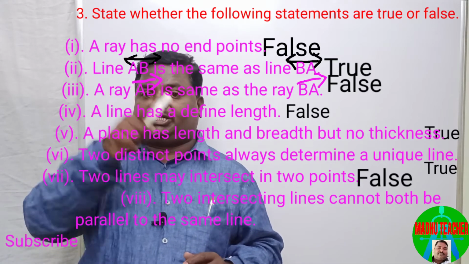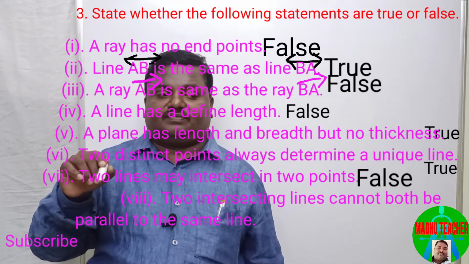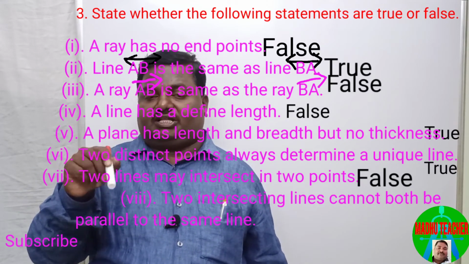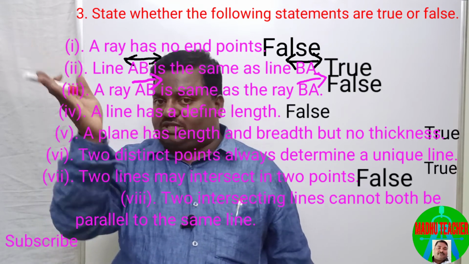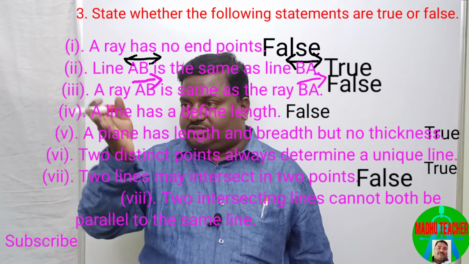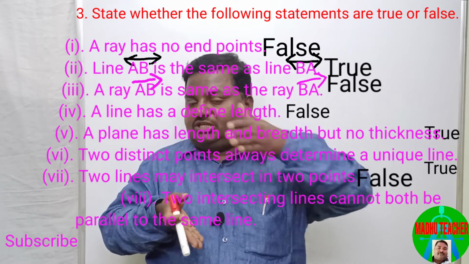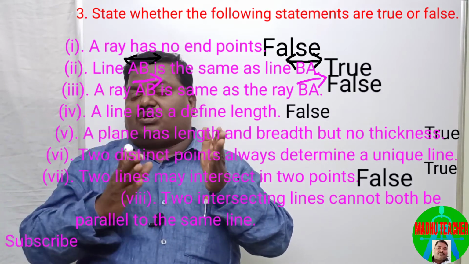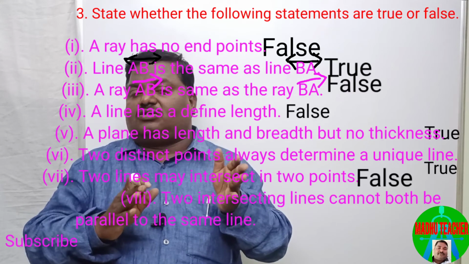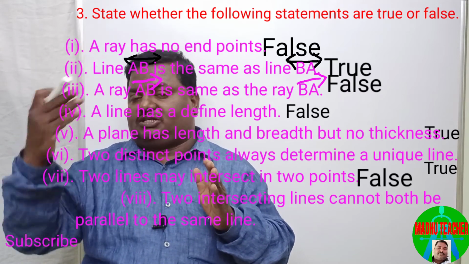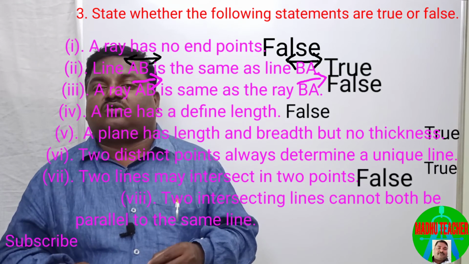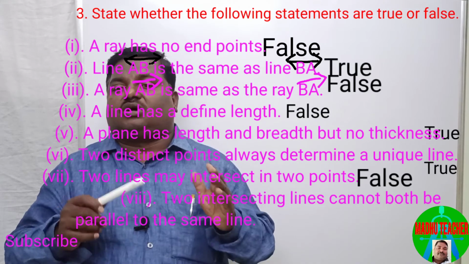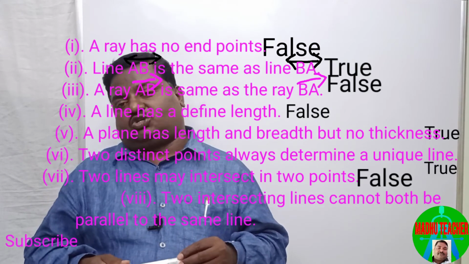Yes, these two lines are intersecting lines, and any one of these may be parallel to this line, but these both are not parallel to this line. The question also says these two are not parallel to that line, therefore it is true.